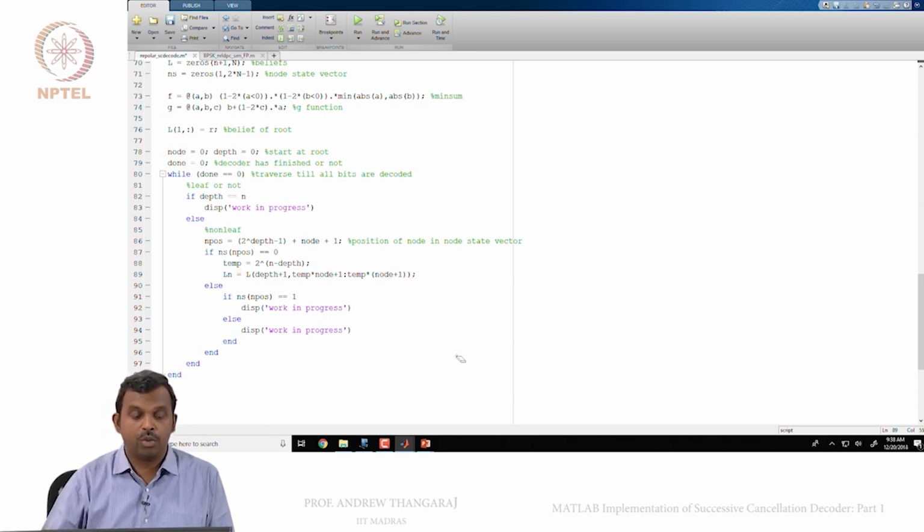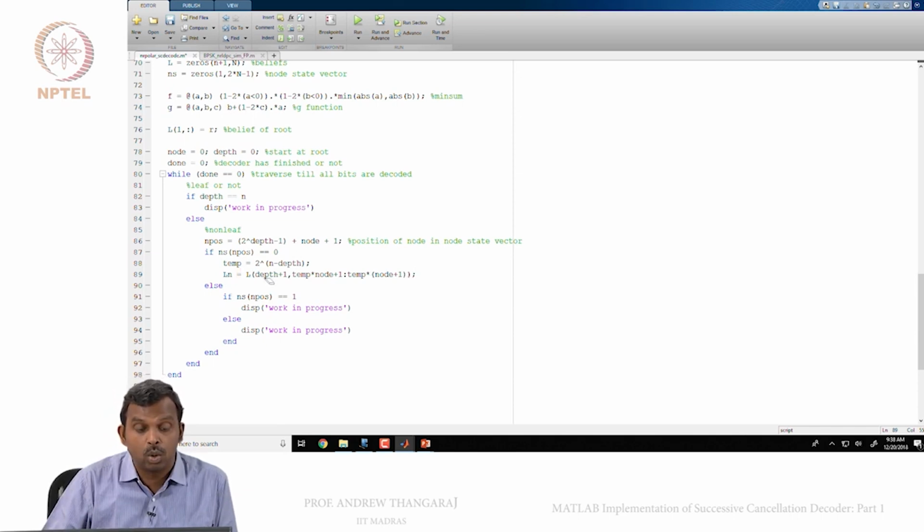You can do a few sanity checks. For instance, if depth is 0, node will also be 0, so temp will be 2 power n.